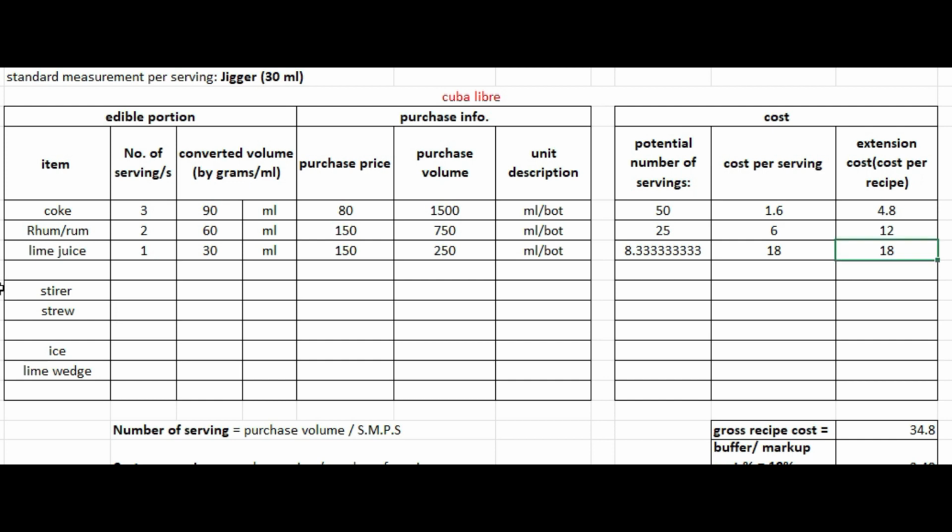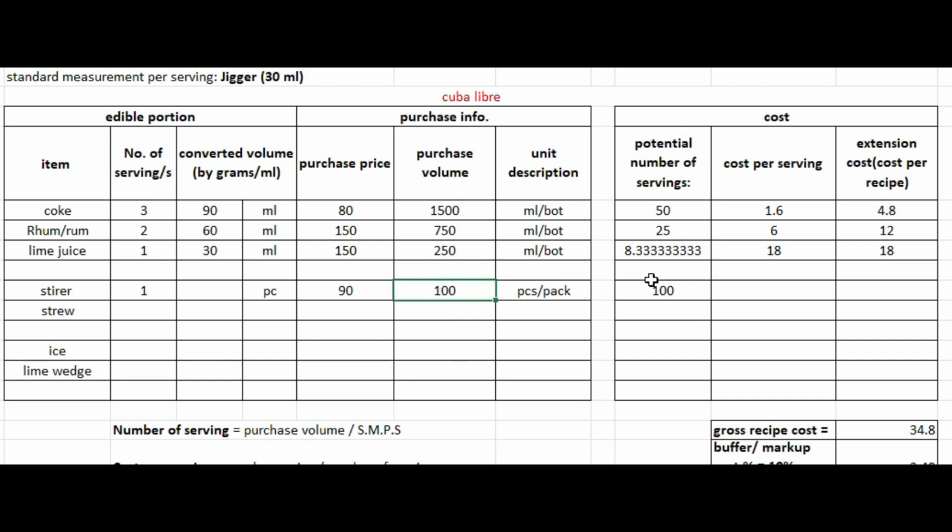And now let's move to our supplies. There's no need for us to get the converted volume since we are using individual portions or pieces, and we don't need to convert this to ml or grams. Just place the number of pieces needed in this drink under the number of servings column. In this case, I am using only 1 piece of stirrer, and every pack of stirrers contains 100 pieces with a highest possible price of 90 pesos.